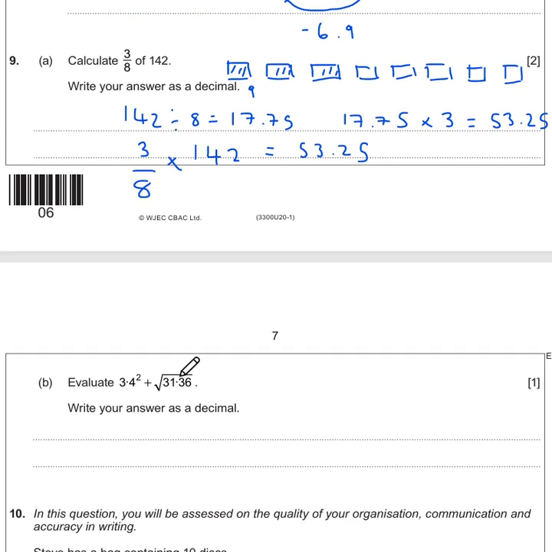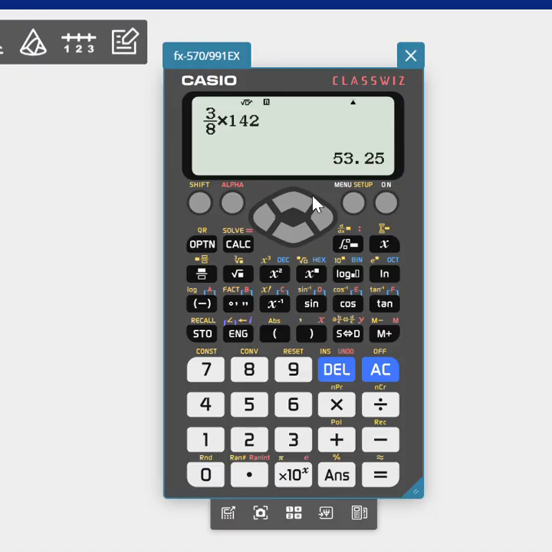Moving on to part B. So another calculator question here. So we're going to evaluate 3.4 squared plus 31.36, and that's square rooted. So we're going to pop that straight into the calculator.